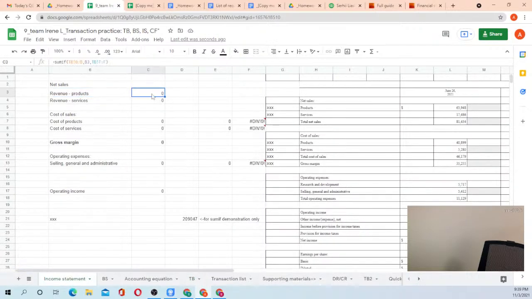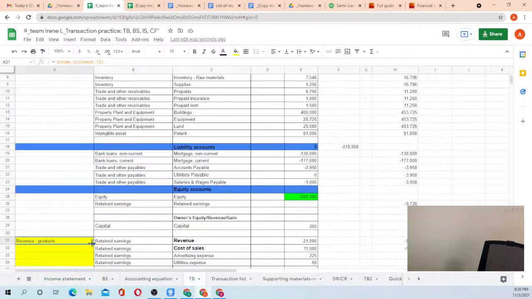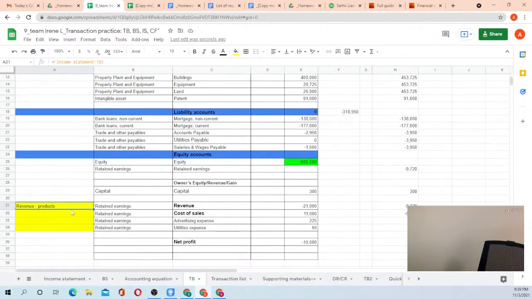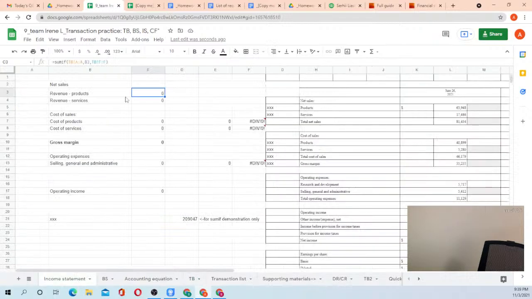And in here, you need to refer to FF, so we look into the trial balance, AA, and we see revenue products. Okay, but in here, we need to look into EE. That's where your numbers are.